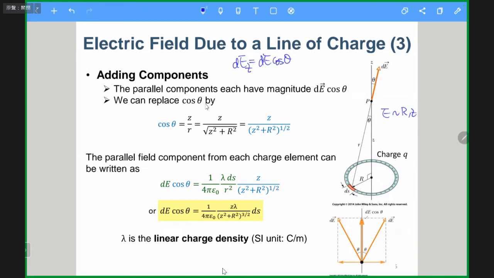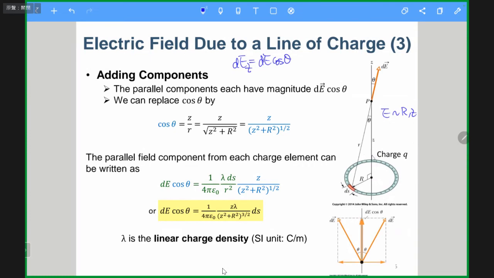Okay, so here, cosine of theta, when we look at this figure, this is theta, and this is, of course, theta. And cosine of theta is the adjacent side over the hypotenuse, so we have z over r. And then we don't want to have small r, because r is not a known variable. The known variables are capital R and z.